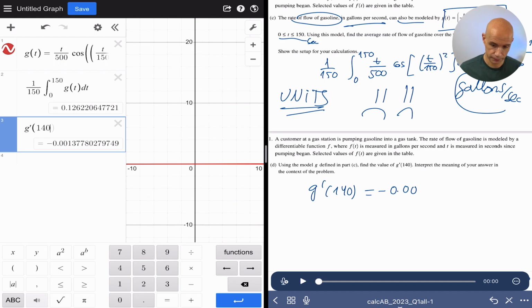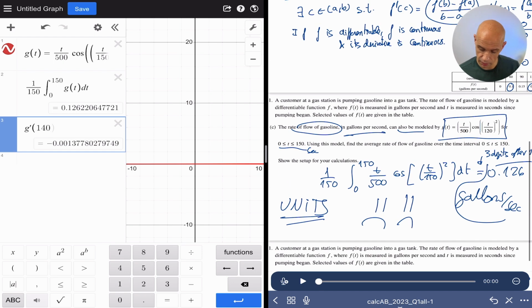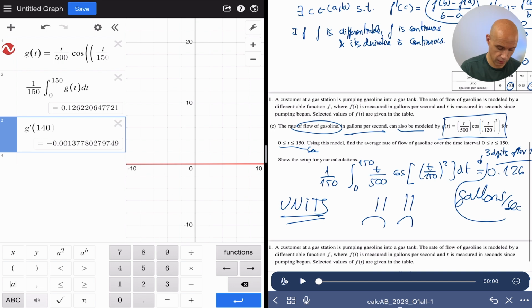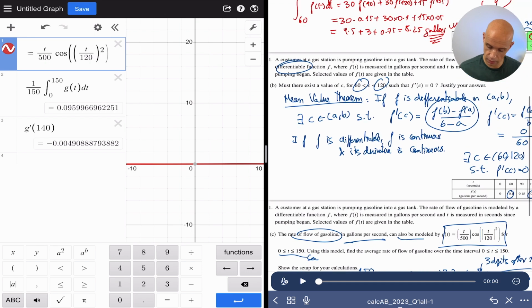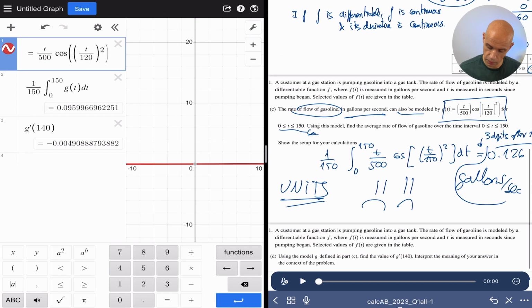Just with Desmos, we get like minus 0.00, and then the first digit here would be 1, right? But let's make sure we have the right function, and let me check that we have all the squares here. Oops, right? Yes, cosine, yep. Oh, this is 120. So 120. Okay. So indeed, this result here should be 0.095.